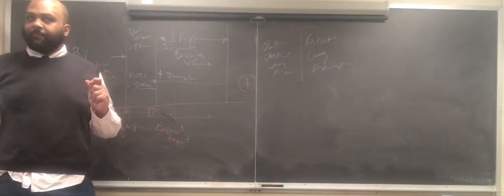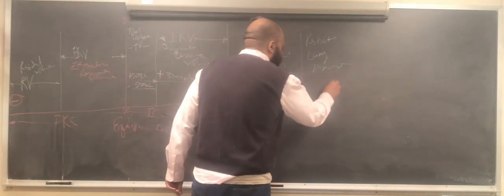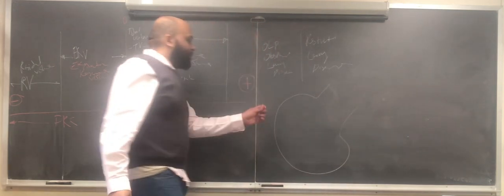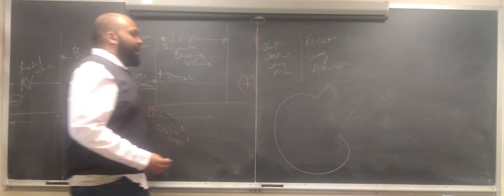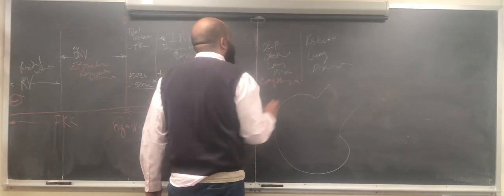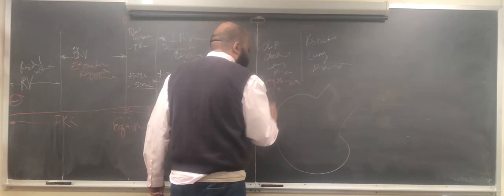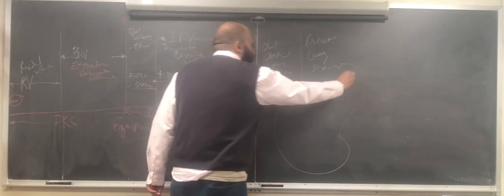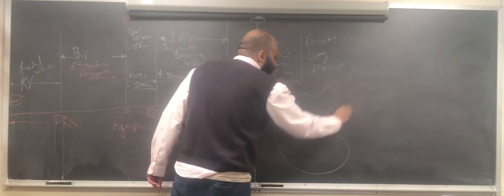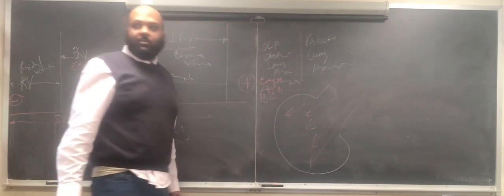What's the difference? In obstructive lung disease, such as emphysema, asthma, and bronchitis, what's happening is air is welcome to enter into the alveoli with no problem.